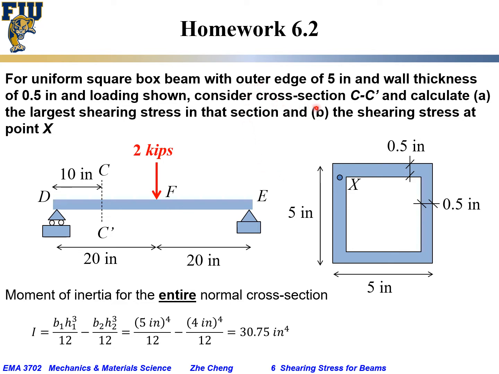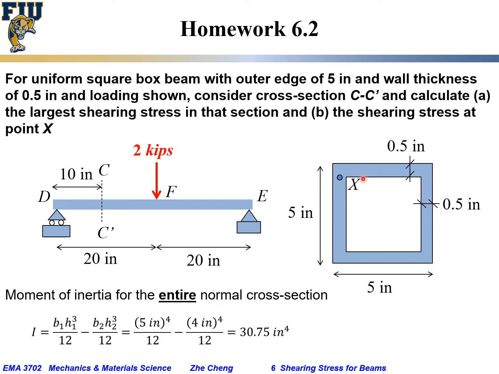Consider cross section C prime, and we want you to calculate the largest average shearing stress in that cross section, and the shearing stress at the point X in the cross section of the box beam. Of course, these are not drawn to scale. This is side view. This is normal cross section view.